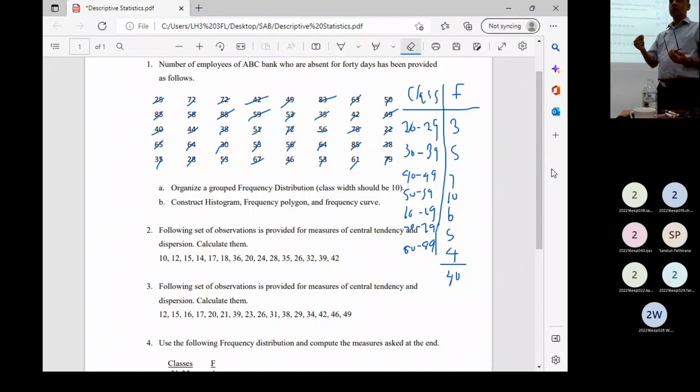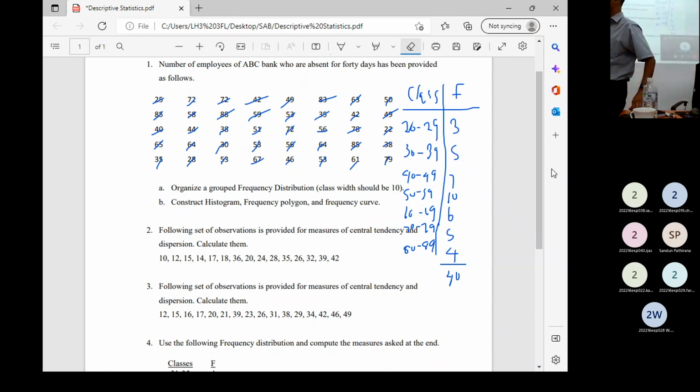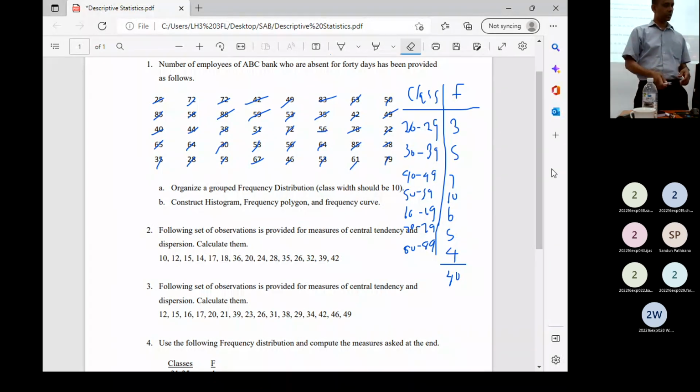Right. Now we write cumulative frequency distribution, CF, right? Cumulative frequency. If we add the frequency from class to class, cumulative frequency can be calculated.